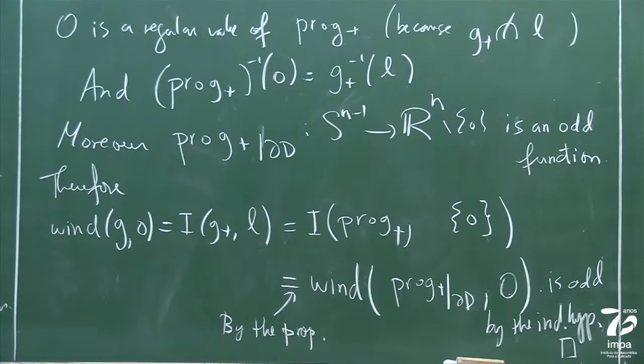All right. Any questions? So let me just say one more time. How did we prove it? We had this function from Sn to Rn, and we suppose that there are no antipodal points where the function is the same. So then when you take the difference between f of x and f of minus x, you get an odd function.